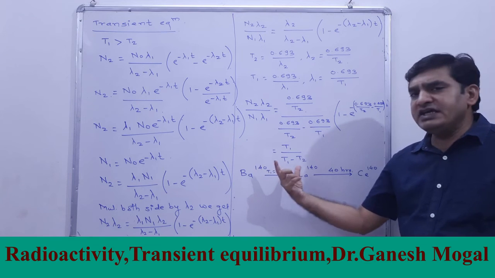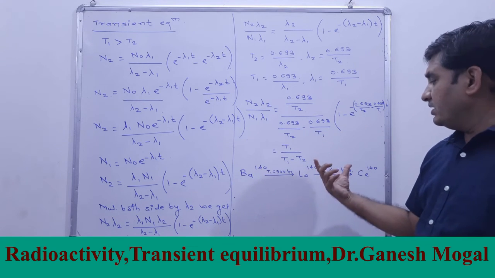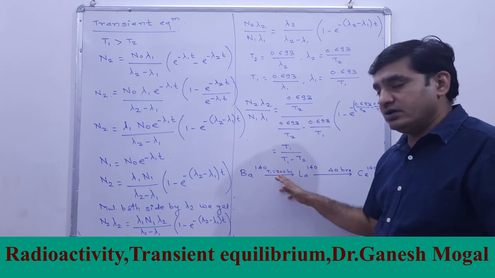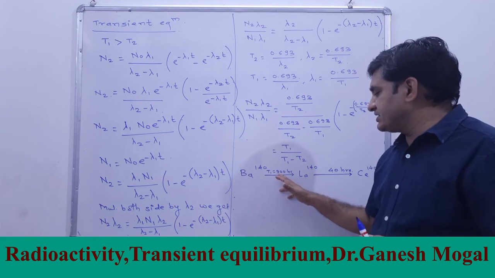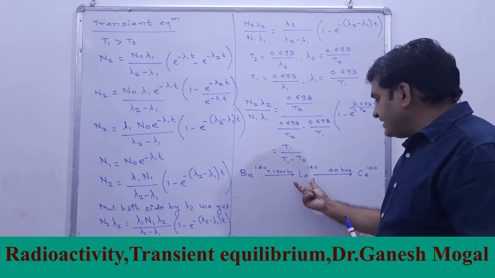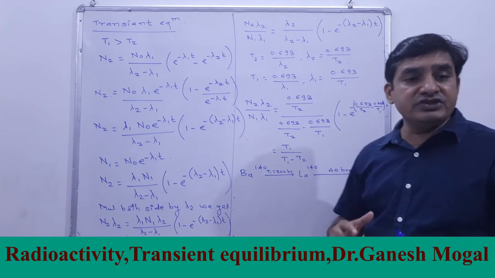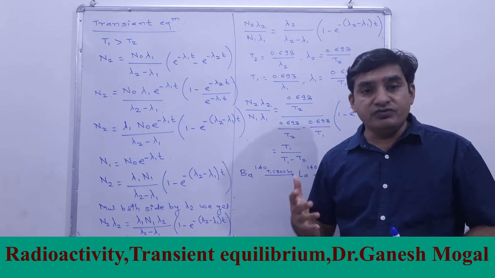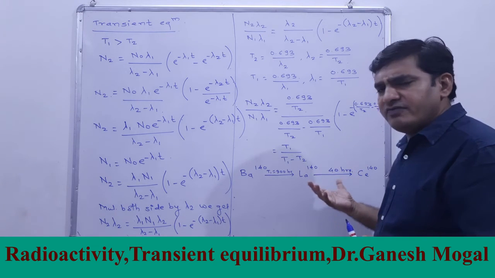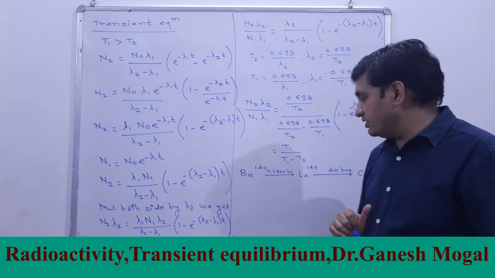Barium 140 is converted into lanthanum 140 with a half-life of about 300 hours. This lanthanum is converted into the cerium, which is the stable end product, and the half-life is about 40 hours.